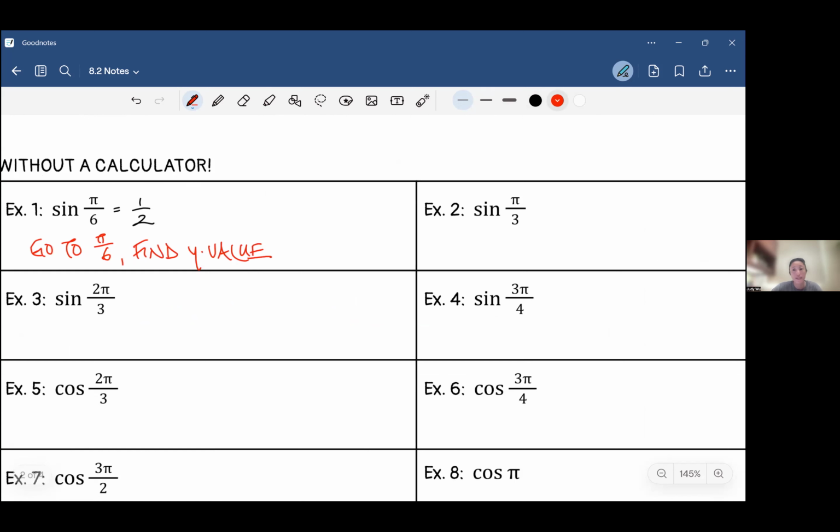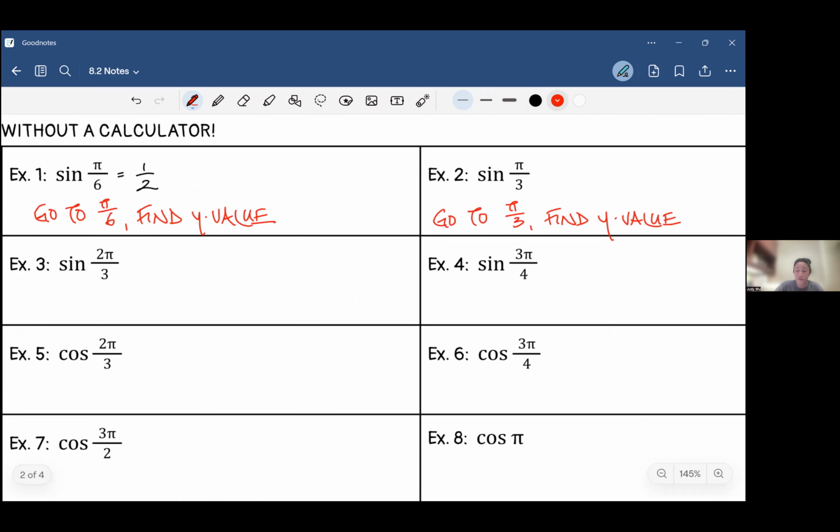So for example 2, it says sine of pi over 3. That means I want to go to pi over 3 and I want to find the y value. Okay. And in fact, 3 and 4 are going to be super similar. I'm going to go to 2 pi over 3, and I'm going to find the y value.